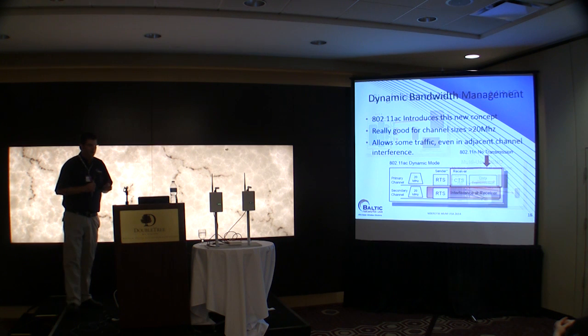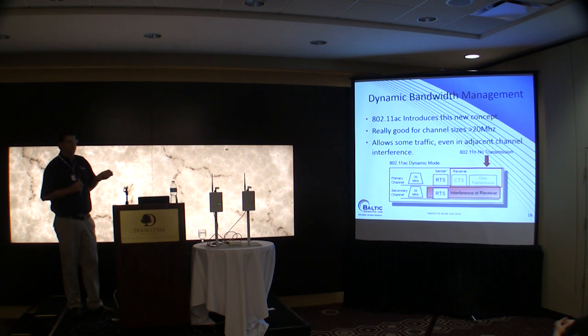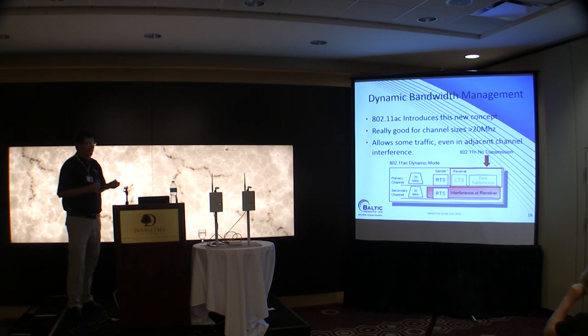So another cool feature for the WISP with AC over 802.11n is it introduces this concept of dynamic bandwidth management. It's really good if you're using channel sizes greater than 20 megahertz. And the sweet spot in most of your instances, I'm guessing, will be 40 megahertz.